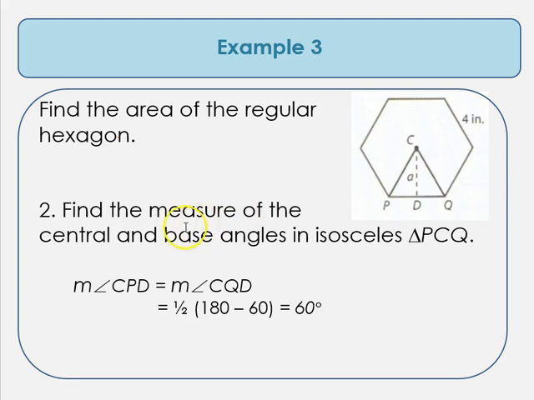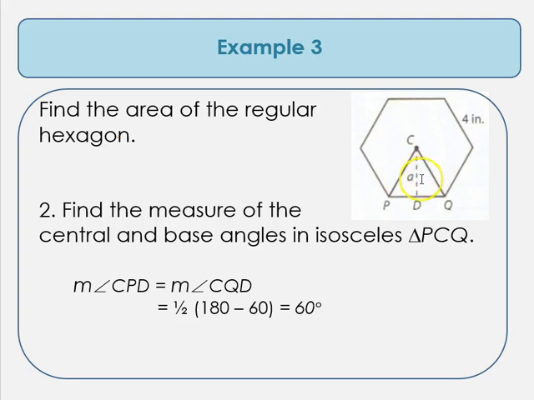Find the measure of the central angle and the base angles in the isosceles triangle PCQ. So the measure of angle CPD and CQD, which are the base angles, are equal. And in a hexagon, these are equilateral triangles.